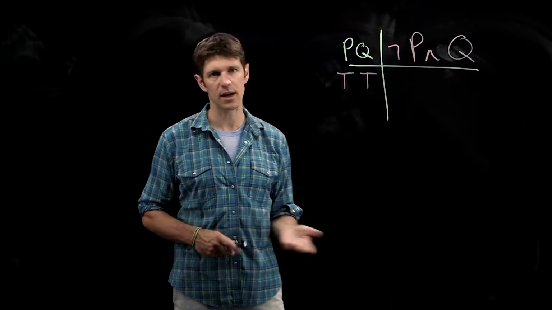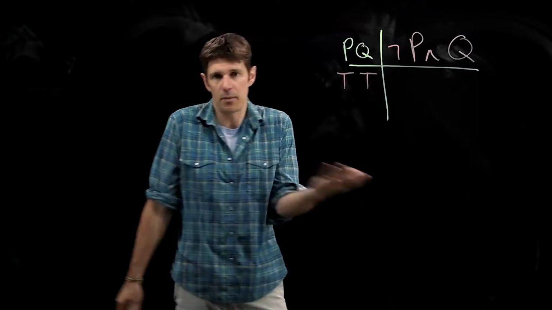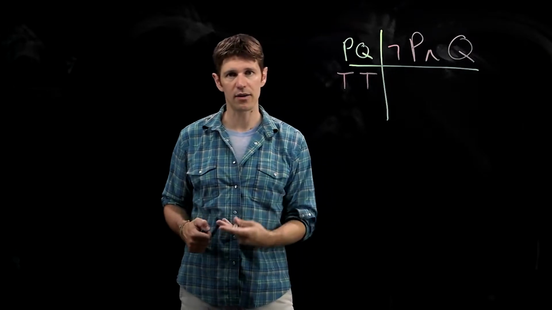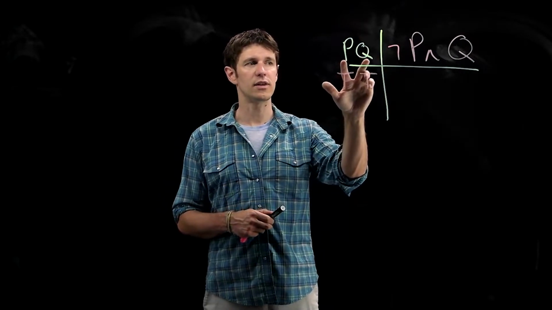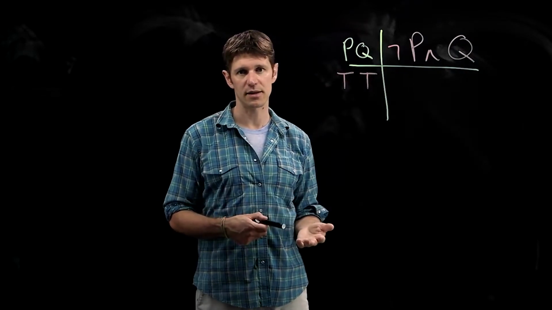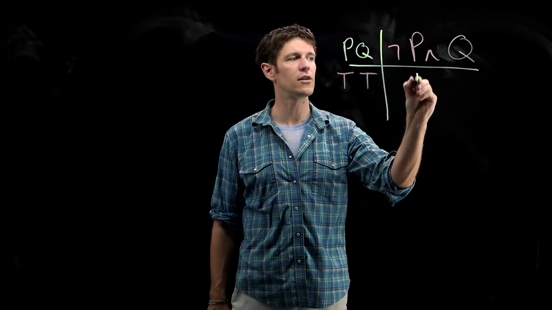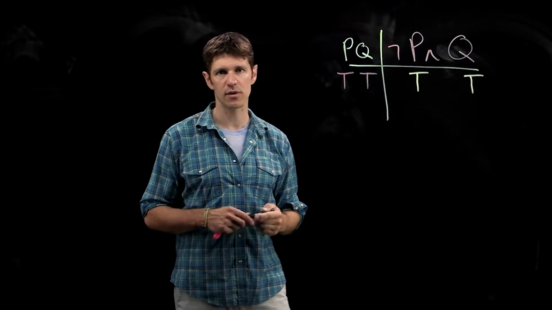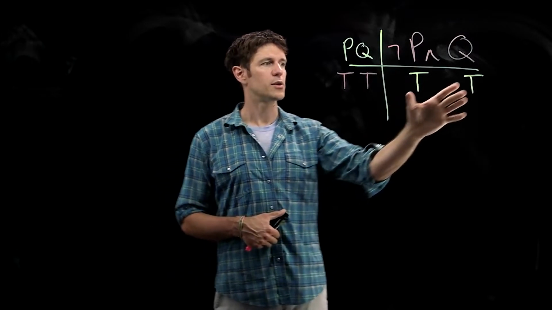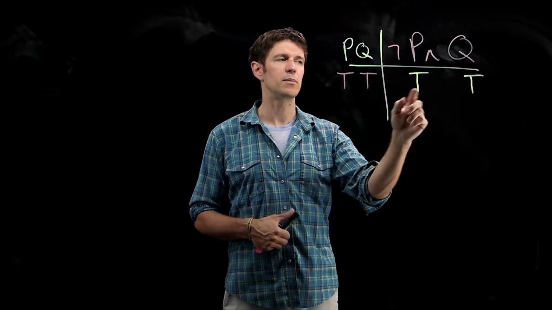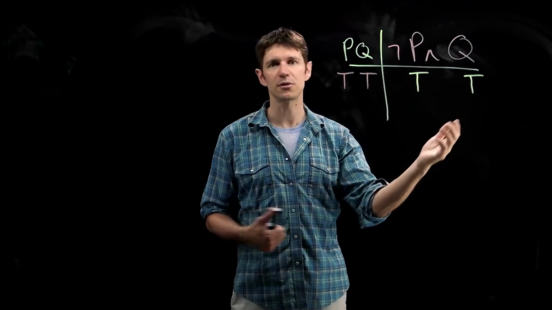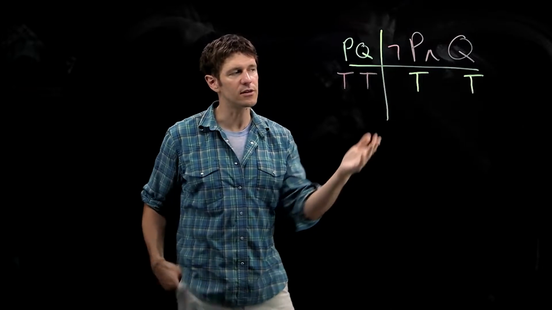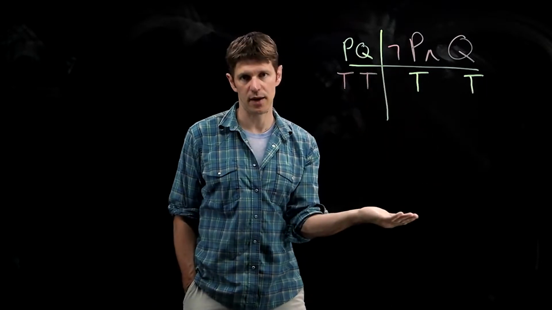Now the first step, I think, that most people get is to write the truth values assigned to the propositional letters under the propositional letters in the truth table. So we'd say that if P is true, then P is true in the formula. And if Q is true, then Q is true in the formula. Where people sometimes have difficulties now is, well, what do I do next?